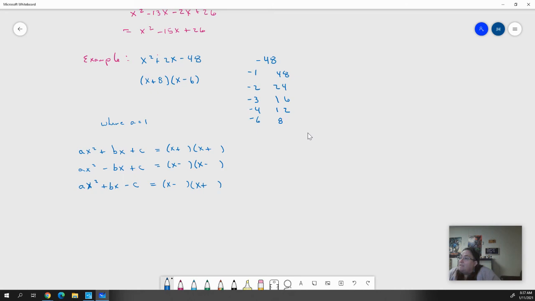If it's plus, this will be the bigger factor, and this will be the smaller factor. If I have ax squared minus bx minus c, we'll still have an x minus something times an x plus something. But because our b factor is negative, this will be the bigger factor, and this will be the smaller.